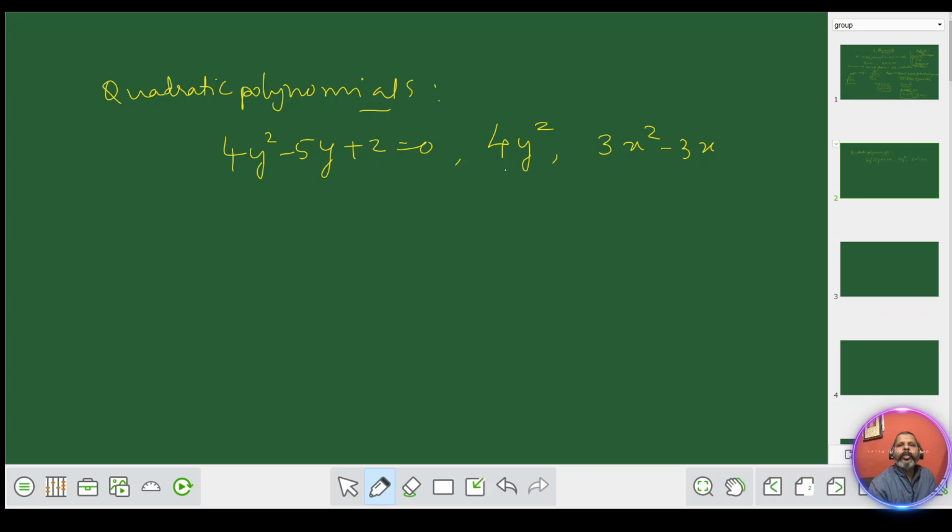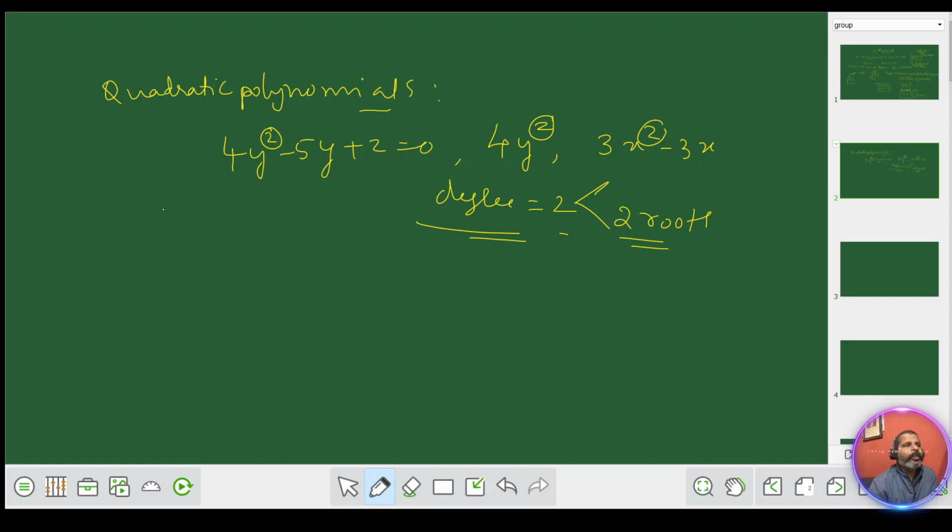These are polynomials in one variable, quadratic polynomials, because all these have degree 2. When I say degree 2, as we just saw, it will have two roots. So a quadratic polynomial is a polynomial having degree 2 for a variable in it.